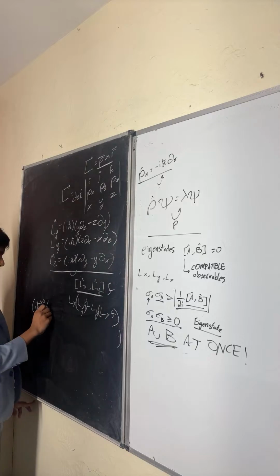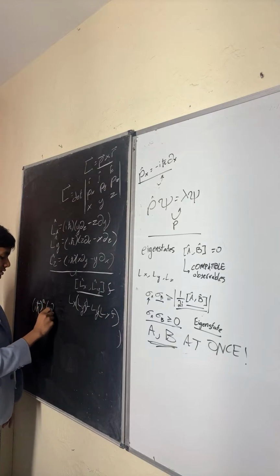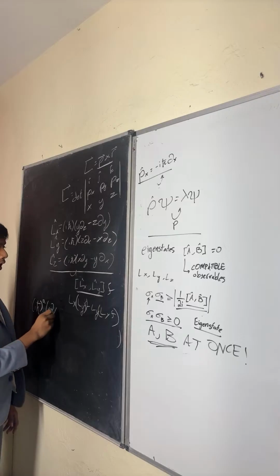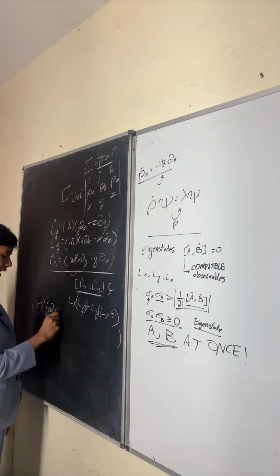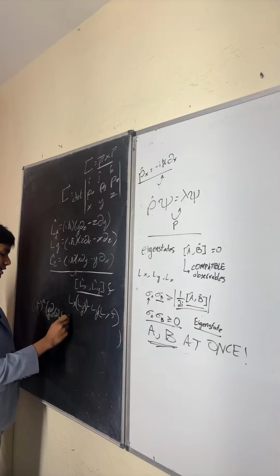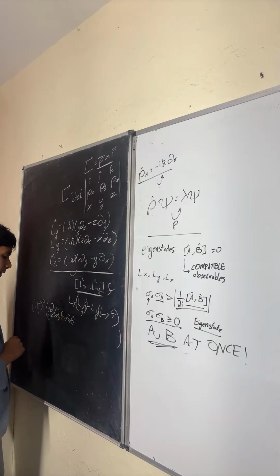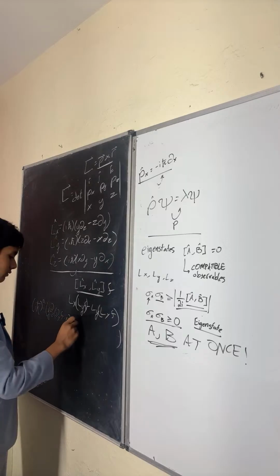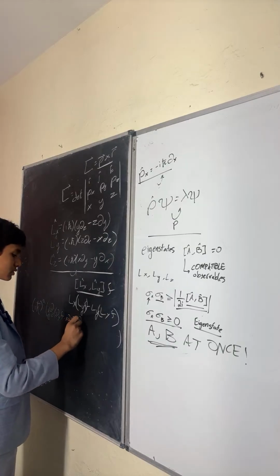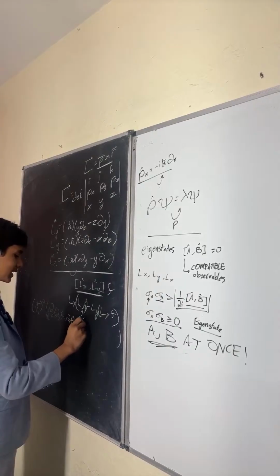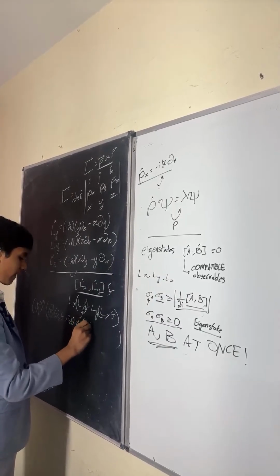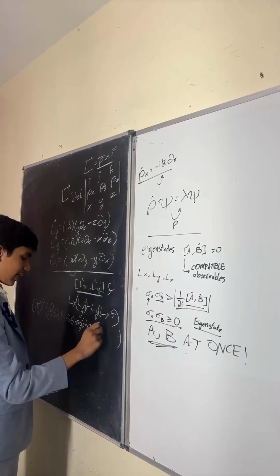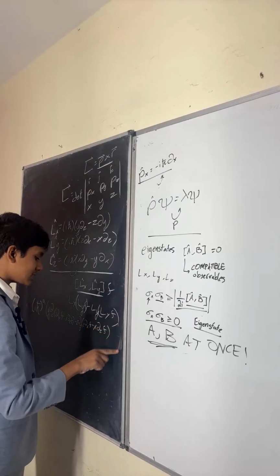Well, Lx is going to give us y partial z multiplied by Ly, which is z partial x f minus x partial z f. And then you have minus z partial y times the same exact thing. It looks like we're going to have to move this to the second line.